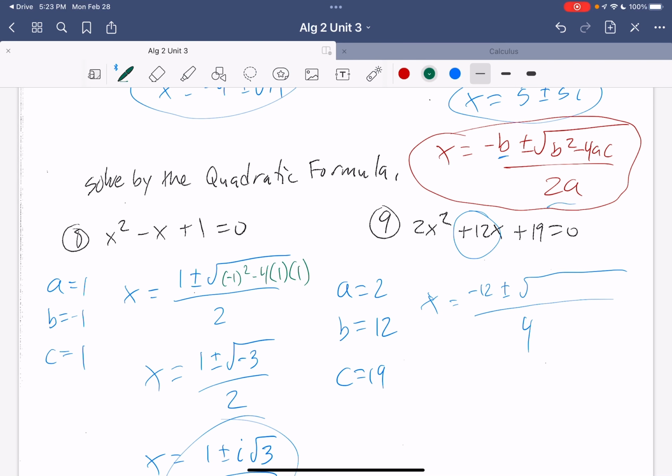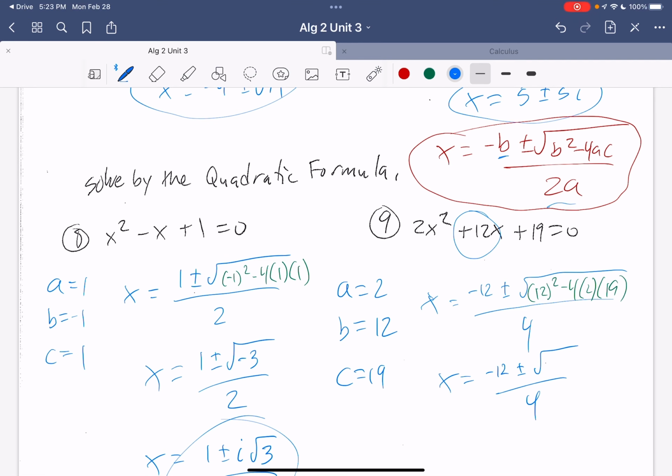So I know I go green. 12 squared minus 4 times a, which is 2, times c, which is 19. All right, so those are big numbers there. So we get x is equal to negative 12 plus or minus square root over 4.